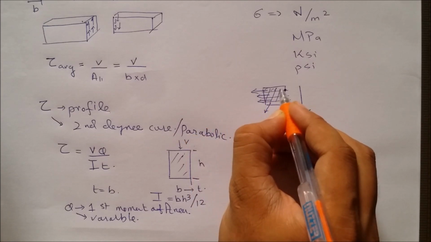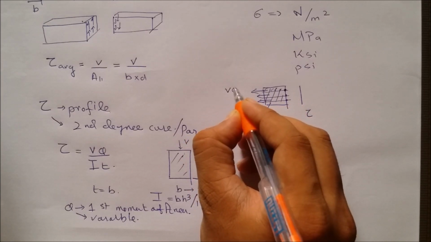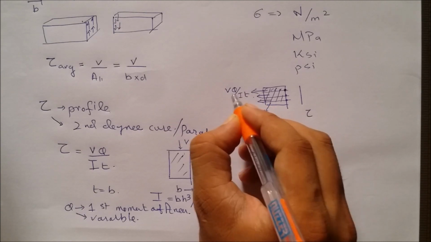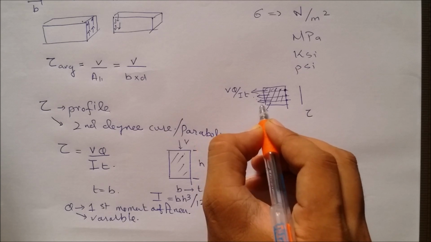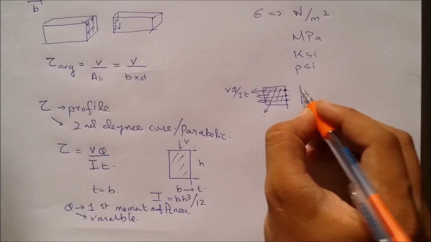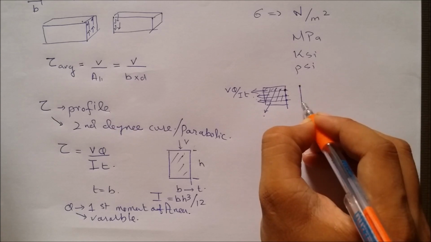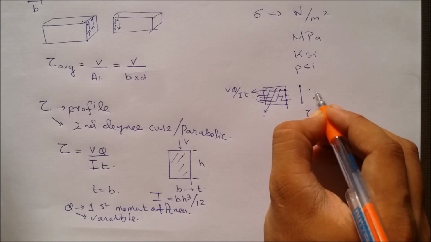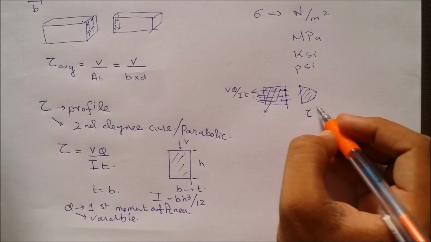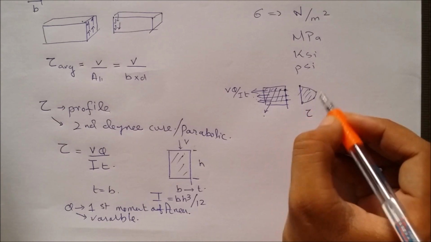At this point, we will get a VQ over IT value. At this point, it will be another VQ over IT value, and at the other points, further VQ over IT values. So we will get multiple points on the diagram, and the shear stress will be plotted using the magnitude of those values.